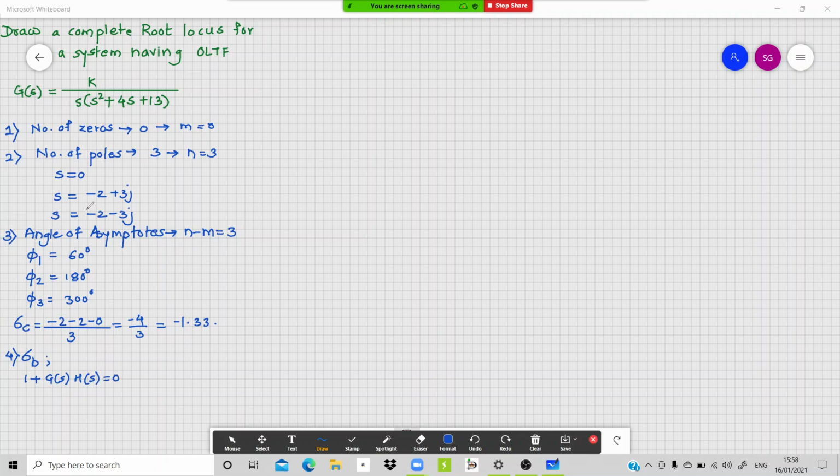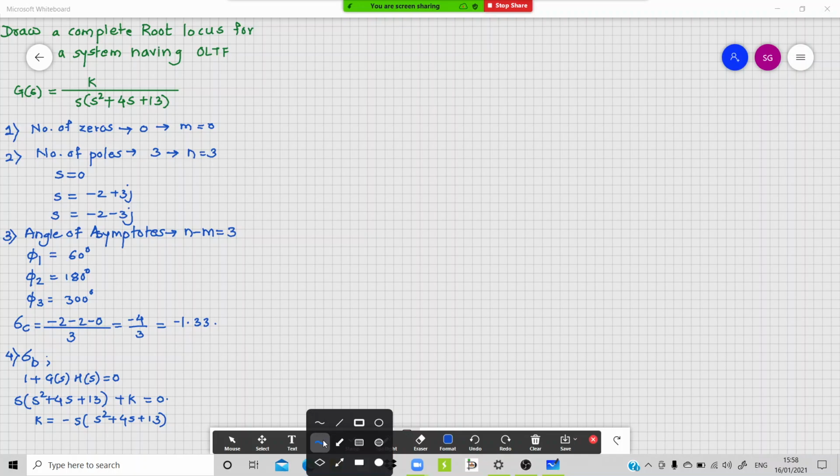So when I put this thing over here and cross multiply, it is going to be s(s square plus 4s plus 13) plus this numerator K is equal to 0. And that means you are getting K is equal to minus s(s square plus 4s plus 13). So what we want to get now? dK by ds, ds of K rather.